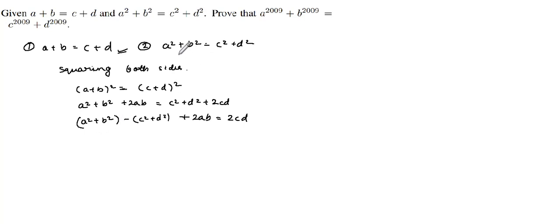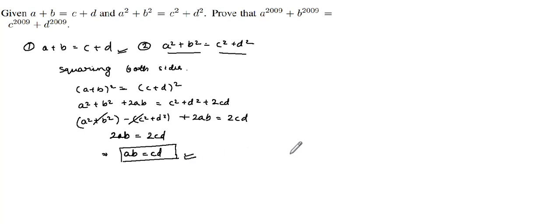Since a square plus b square is equal to c square plus d square, that difference is equal to 0. And now we have 2ab is equal to 2cd, which implies that ab is equal to cd. This is important information which we will use in our further equations. I think it's pretty straightforward till here.